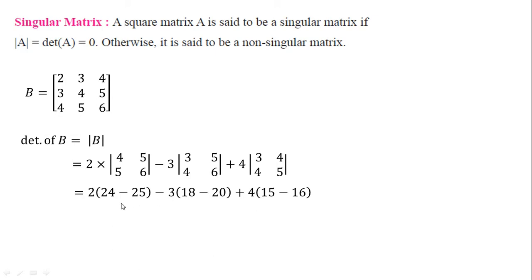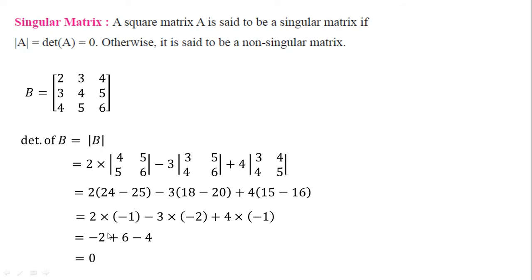After this calculation we get this step: 2 into minus 1, minus 3 into minus 2, plus 4 into minus 1. If you solve this further, we get this step, and hence we get 0.